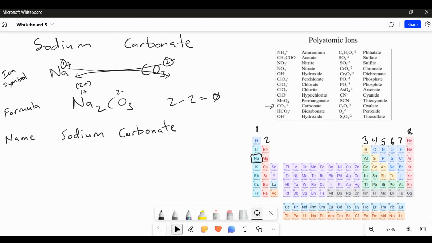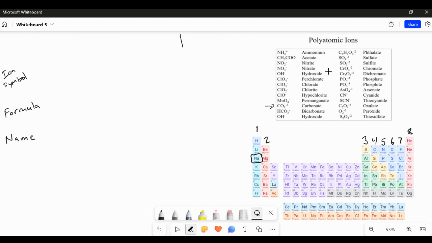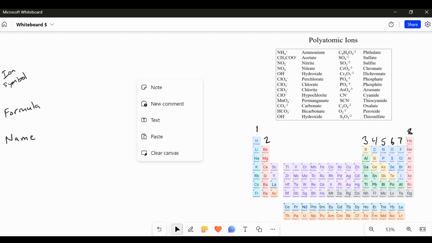Let's look at another one. Let's do calcium. Or actually, no, let's not do calcium. Let's do ammonium, and let's do oxygen.